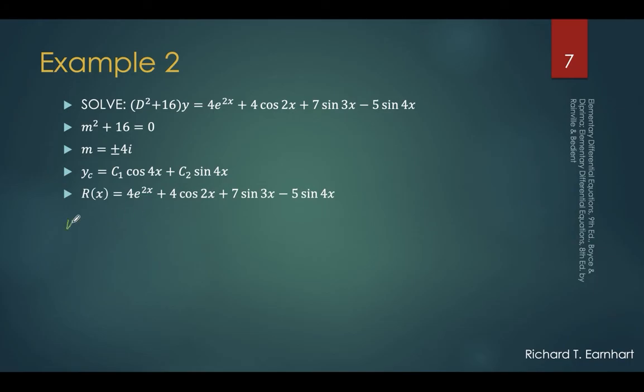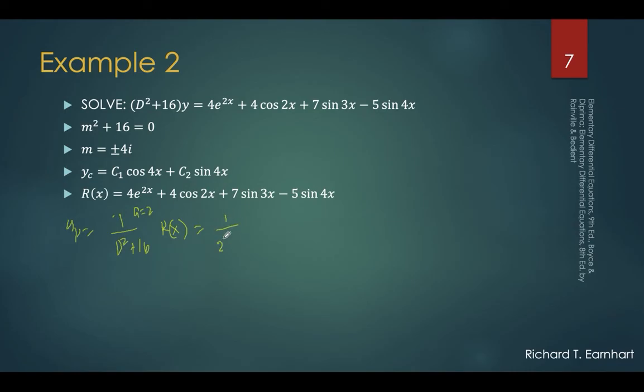So your y sub p therefore is equal to 1 over d squared plus 16 times your r of x. Now you have here a equals 2, so we can substitute.